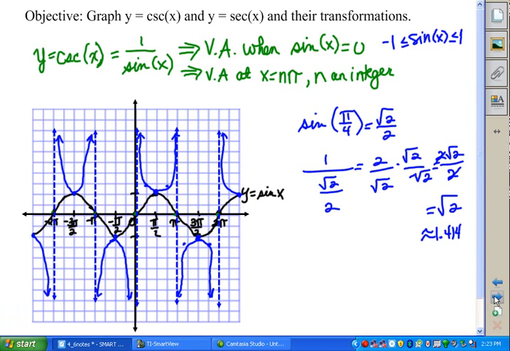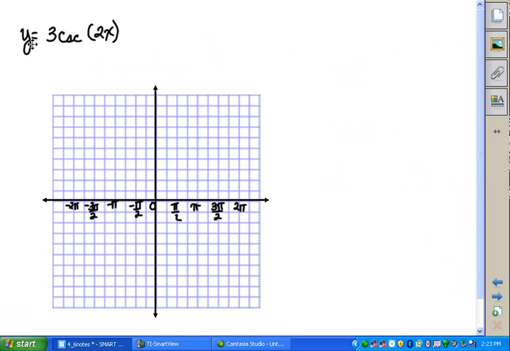So let's look at an example of a transformation of that. If I wanted to graph y is equal to 3 times cosecant of 2x, the easiest way to do this is begin by looking at the graph of y is equal to 3 times sine of 2x. Now we know that this graph has a period of 2 pi over b, or 2 pi over 2, which is pi.